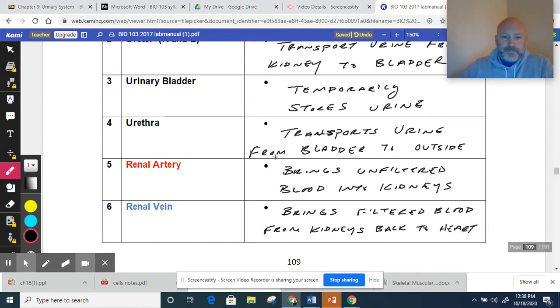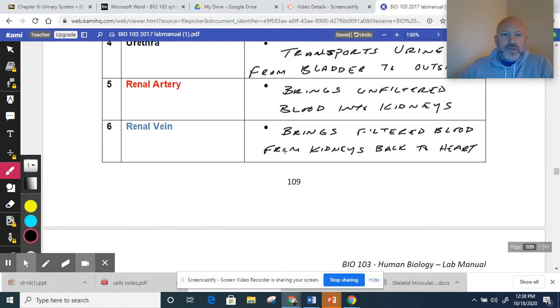All right. Just remember the general rule here. The general rule is arteries away from the heart, veins to the heart. That's the general rule.